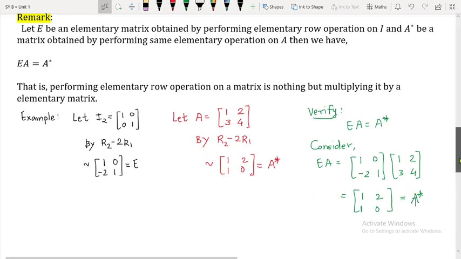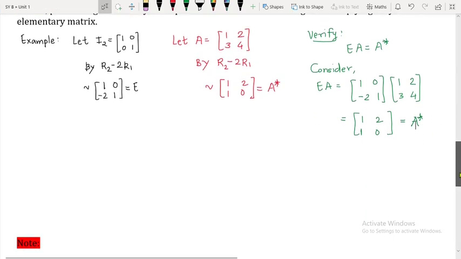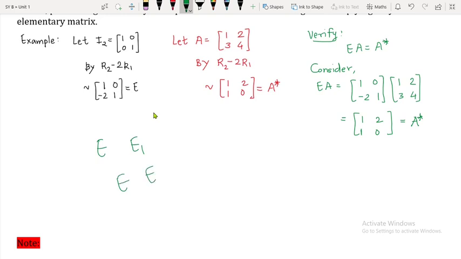So you can see some more examples on this. Okay, so chalo, I take some other example of A. So this will be homework, you try it yourself. You may take different E also. Now notation used for elementary matrix is generally E. So if you are having two elementary matrices involved, then we can say some E dash, or some E1 like this, this will also work, but the notation is going to be E over there, so that it will be clear that it is an elementary matrix.